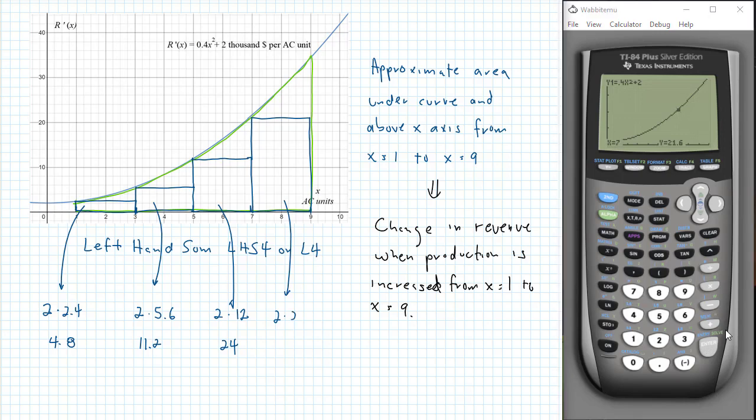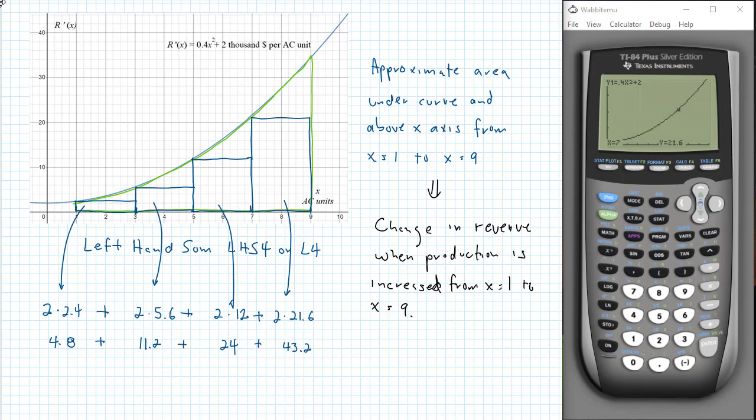So it has a height of 21.6, which means 2 times 21.6 is going to be 43.2, I believe. Yeah.